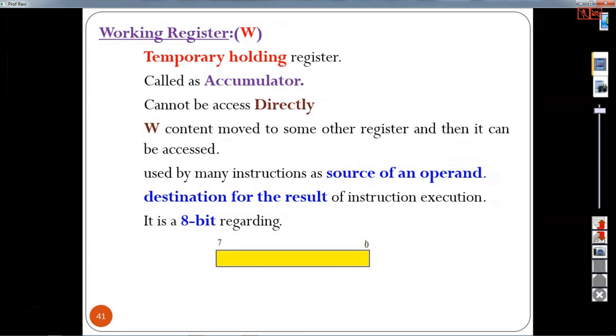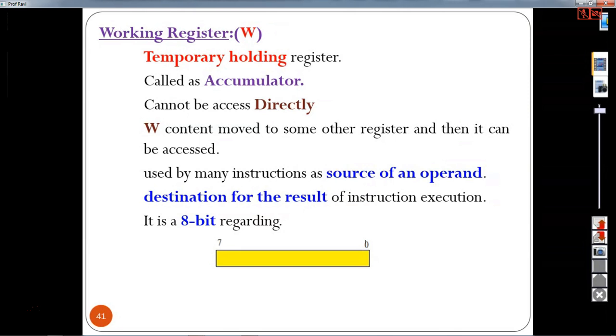So this is your status register, which we call the flag register. It has carry bit, digit carry, zero bit, set by arithmetic or logical operations. Then NOT PD and NOT TO, which are read-only and get their value after reset.